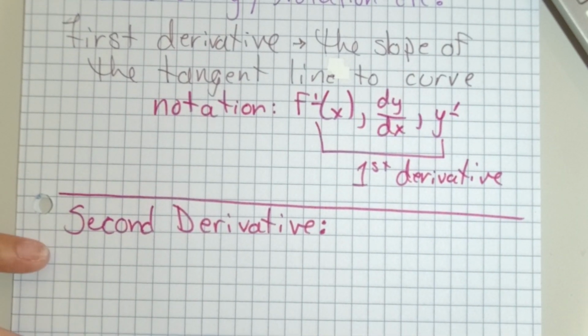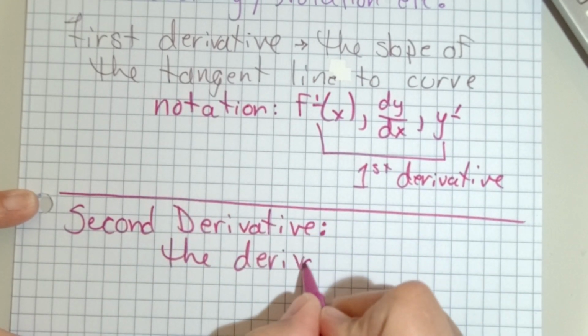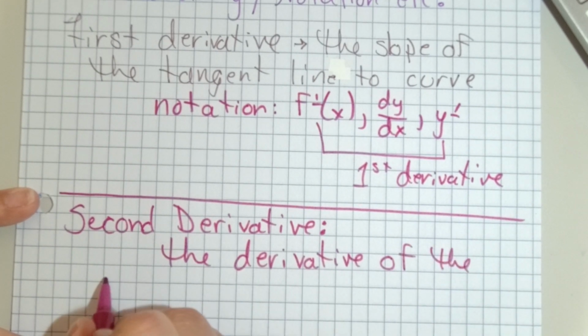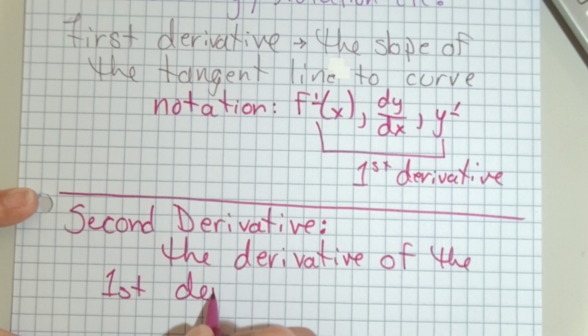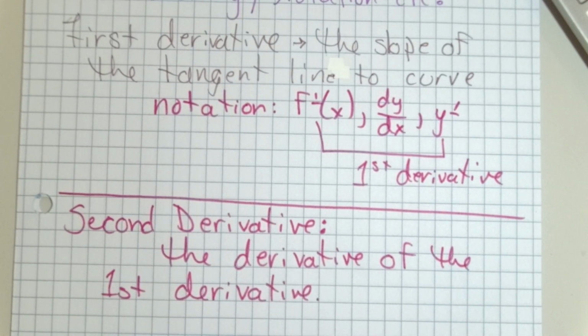The second derivative is really just the derivative of the first derivative. So last week, if you were here, you saw that we took the derivative of the derivative. We don't call it that. We call it the second derivative or third derivative, which we'll get to later.